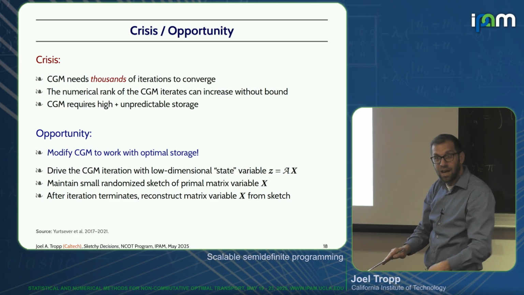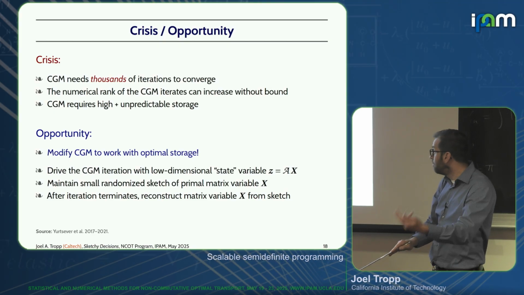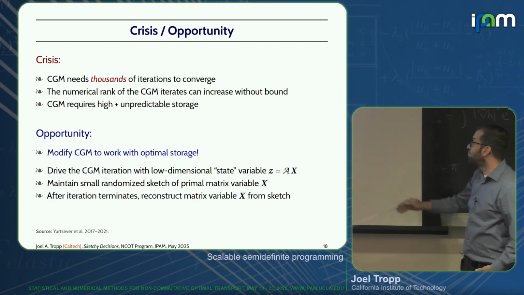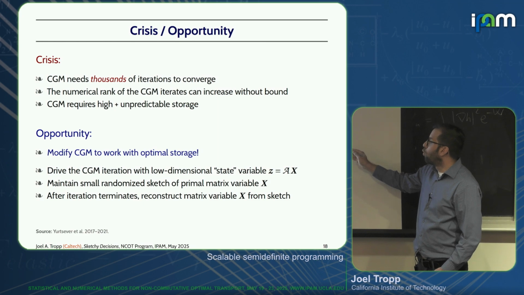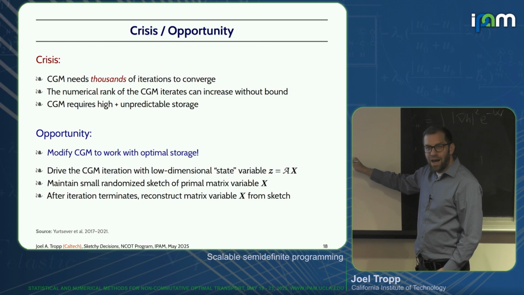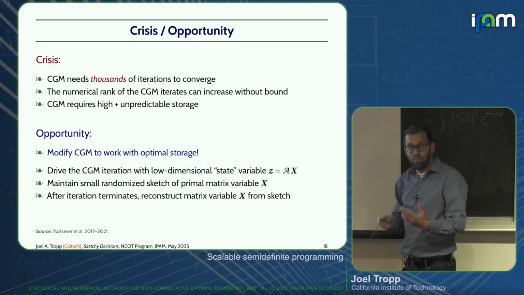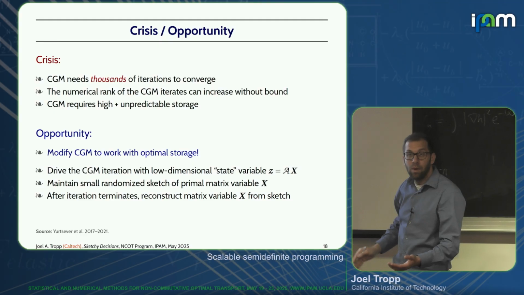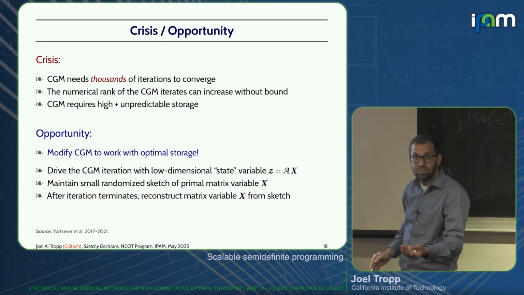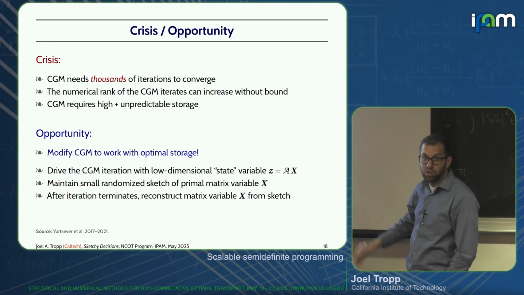So we're going to update the sketch at every step of the algorithm, and then after we've decided that we are tired of optimizing, we will unpack a low-rank approximation to the decision variable from the sketch. So the sketch has our best guess for the solution to the problem, and then we're going to unpack it from the data after we finish optimizing.